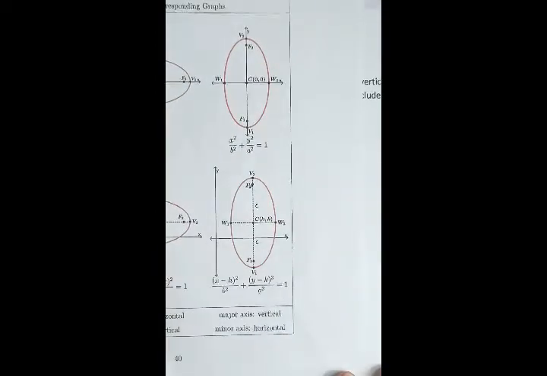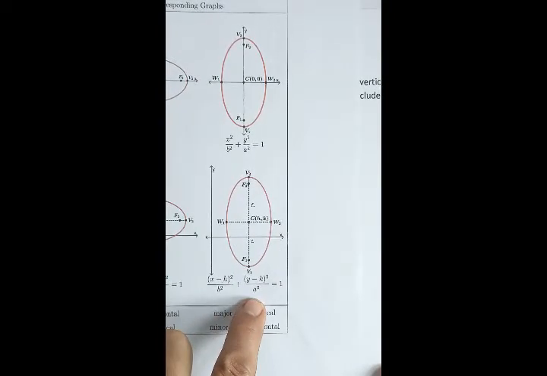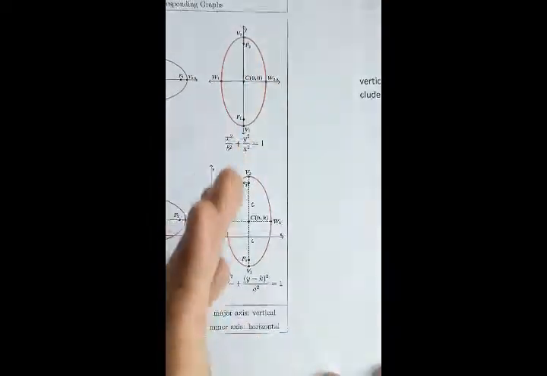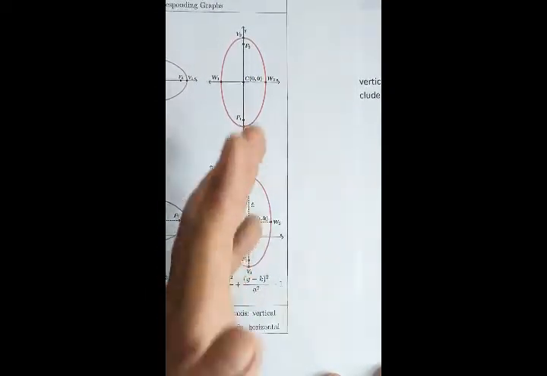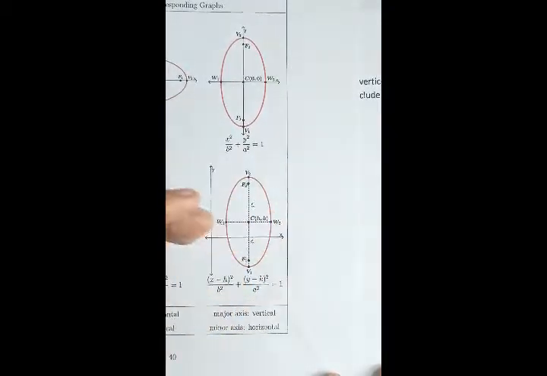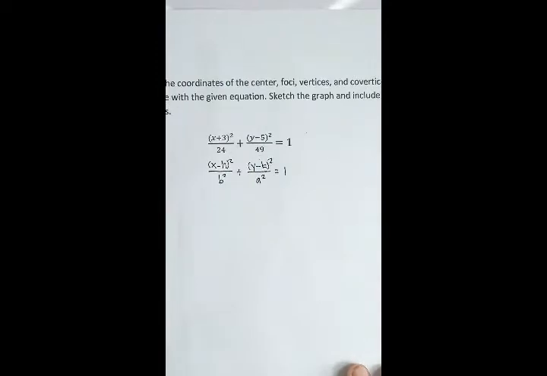So from our table, this is the ellipse (x minus h) squared over b squared plus (y minus k) squared over a squared equals 1. So our ellipse is vertical. Its major axis is vertical, and its minor axis is horizontal. Okay.